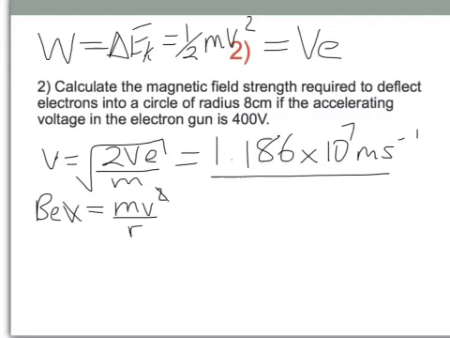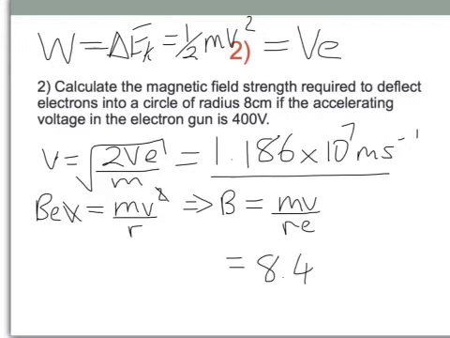So we have B equals mv over re, where m is the mass of the electrons, v is the velocity of the electrons, r is the radius, 0.08 meters that is required, and e, of course, the charge on a single electron. Now, plugging those numbers in gives us 8.43 times 10 to the power of -4 Tesla.